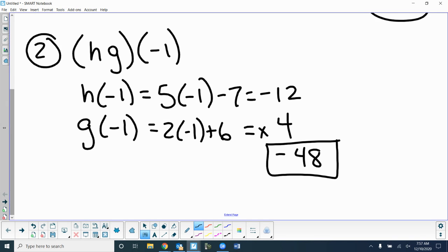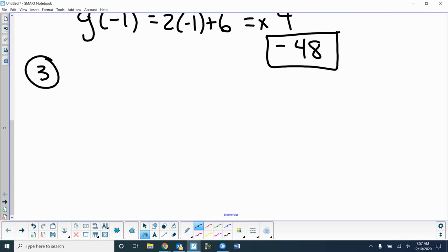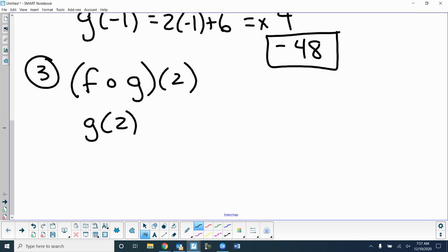Number 3. This one is a composition. Okay, so that means I have to do G of 2 first. Remember, you do the back one first. And that's 2 times 2 plus 6, which is 10.